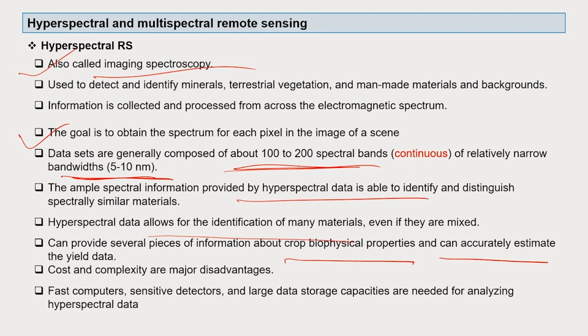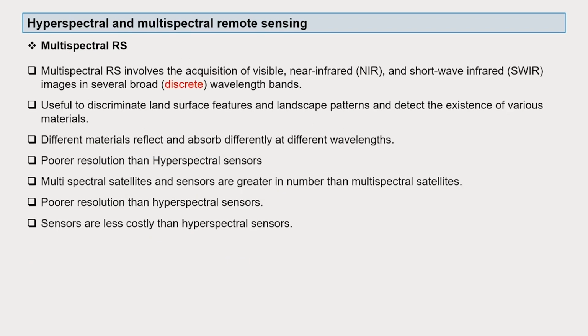Cost and complexity are the two major disadvantages of hyperspectral remote sensing: it is costly and complex. You need very fast computers, very sensitive detectors, all high-end sophisticated instruments.